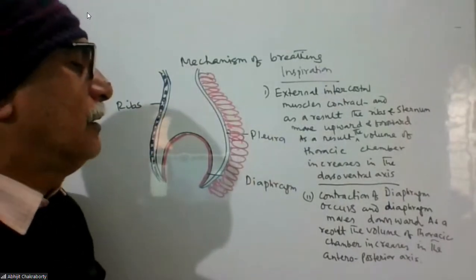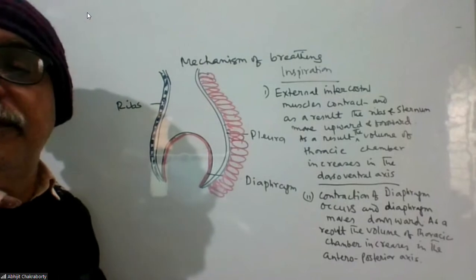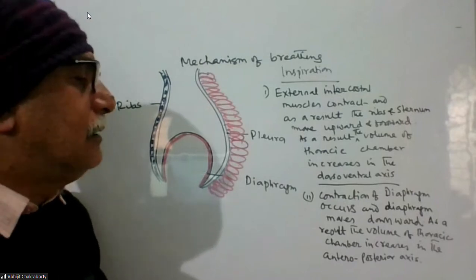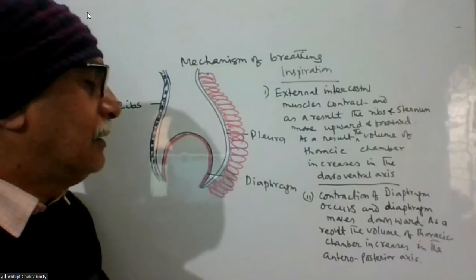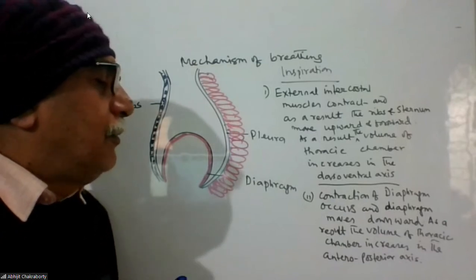Contraction of the diaphragm occurs and the diaphragm moves downward, and as a result the volume of the thoracic chamber increases in the anteroposterior axis.